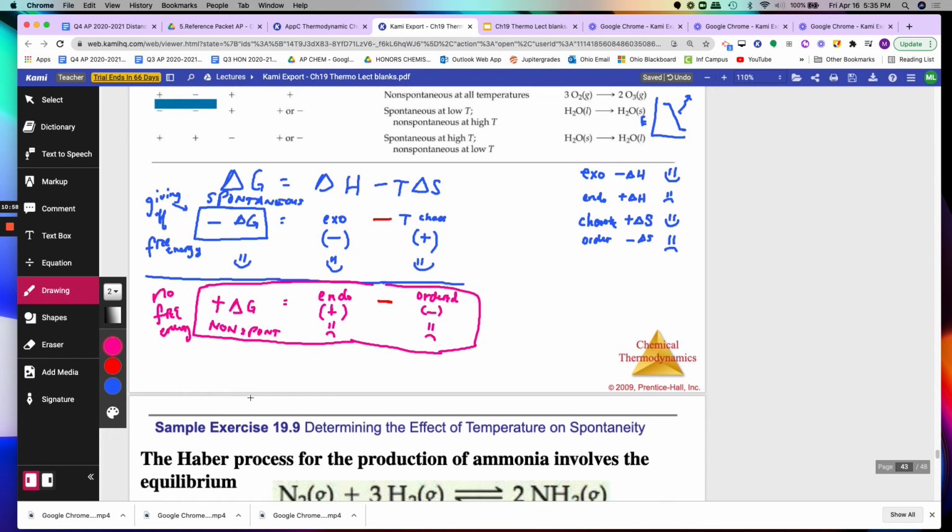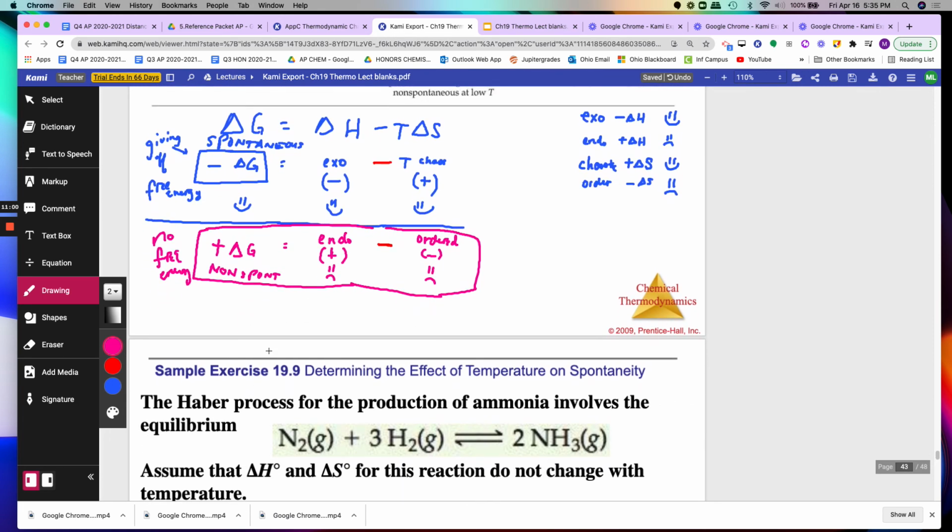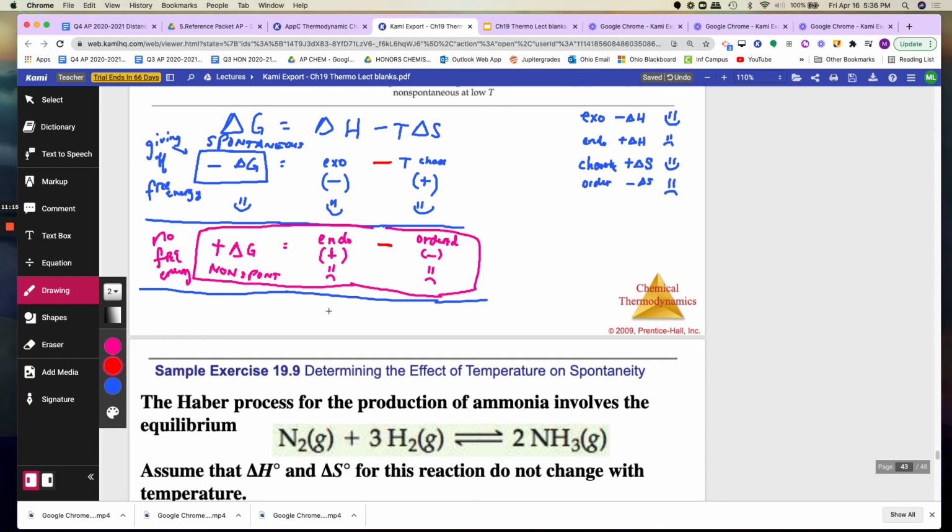Okay, and of course there are going to be scenarios when one is better than the other. For example, one's a happy face and one's a sad face. Let's do another scenario. Let's make that red. Let's say it's endothermic. You have to put a lot of energy into it, and it's positive and it's a sad face.